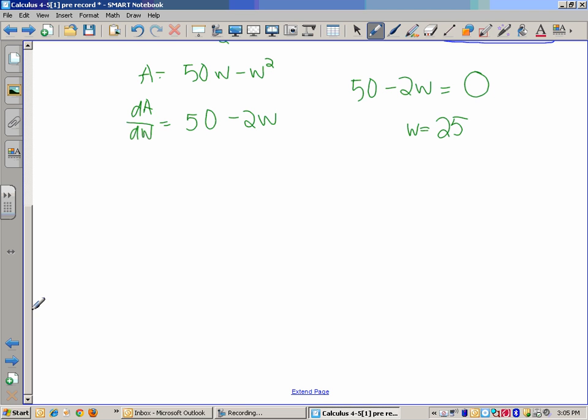All right, so scroll back down. And now I'm going to take a look at my sign chart. So I'm going to put my sign chart at 25, and a number to the left. Miss Collins, probably not a good choice since you can't have 0 length, right? So let's go with 1. And then let's go with 30. So this is my sign chart for F prime.